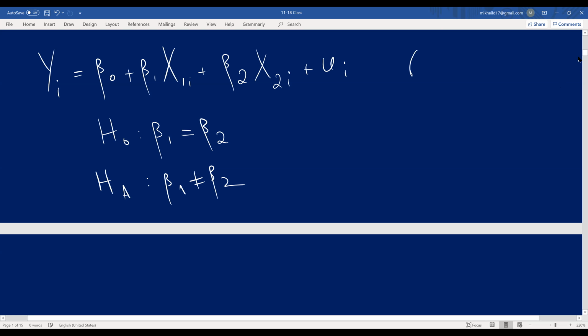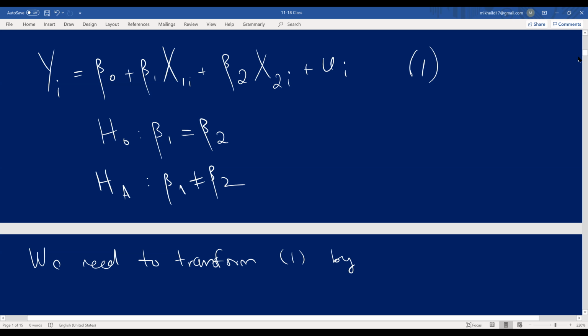Let's call this model 1. By adding and subtracting the same term.